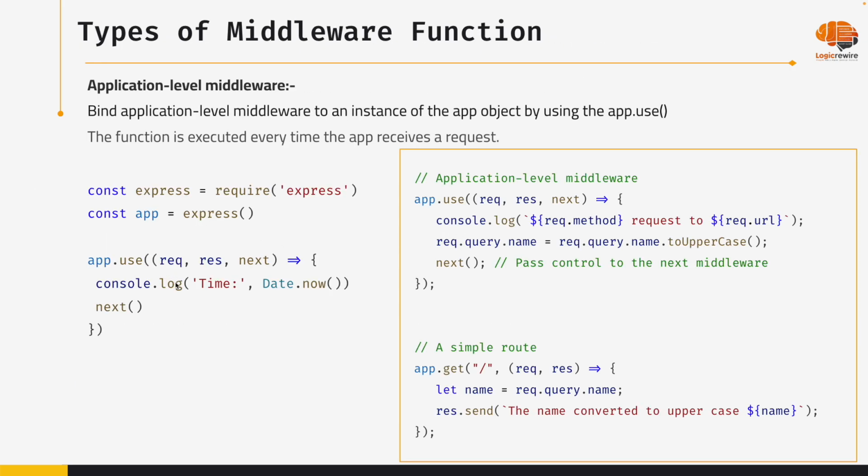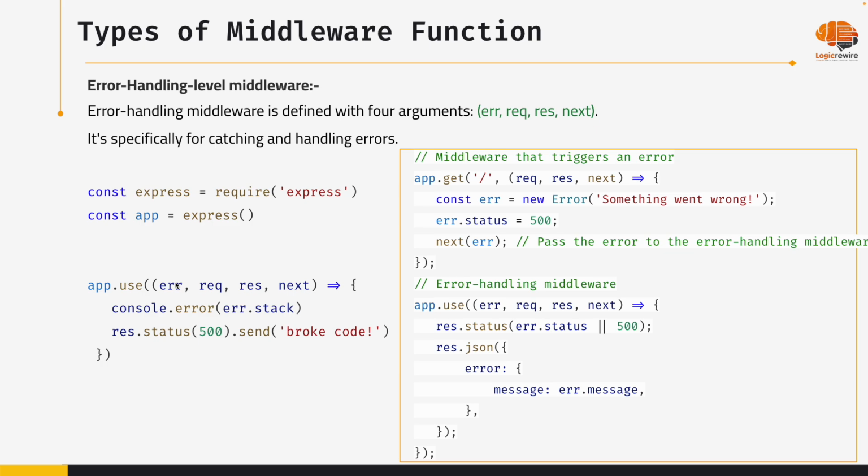This is application level middleware. Next is error handling. Let's suppose any error comes, how is it handled? Any request error has to be handled, right? This get directly passes the error, but I'll just create the error.